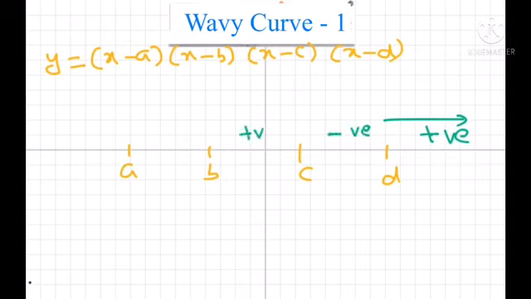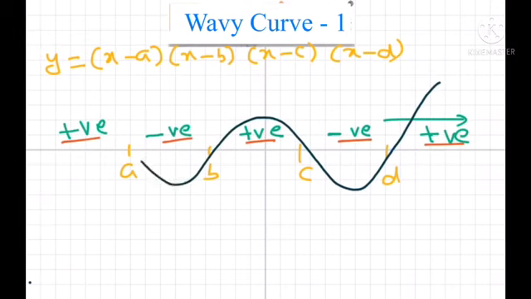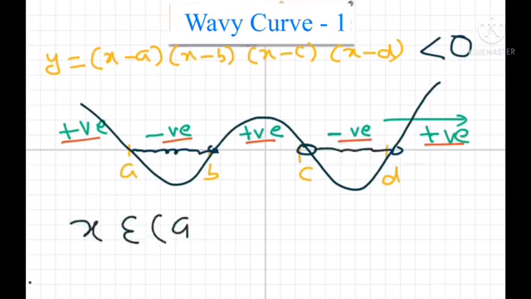Then this region it is positive, this region it is negative, this region it is positive. So positive, negative, positive, negative, positive. And if you want to plot the graph of this, it will be something like a wave, so we call it the wavy curve method. This will pass through c, this will pass through d. So this is the graph. And if I ask you a question that this is less than 0, find the value of x, you will say less than 0 means it must be negative, so in this region, and x should be in this region. So the answer is x belongs to (a, b) union (c, d).